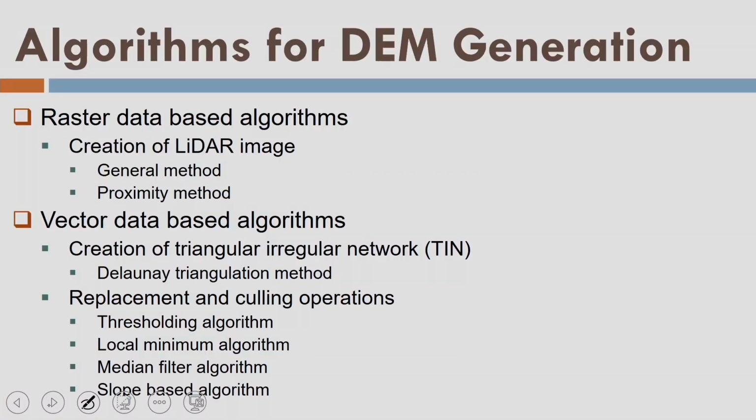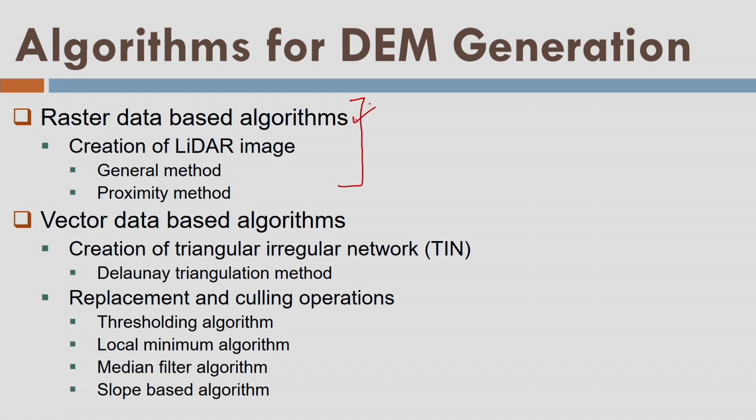So using LiDAR data, we want to look into the various feature extraction as well as digital elevation model and digital terrain model extraction. Now in case of LiDAR, we know that it is point data and also it is not regularly or uniformly placed. If I want to prepare the digital elevation model or digital terrain model using LiDAR data, I need to consider some algorithms. There are two types of algorithms.